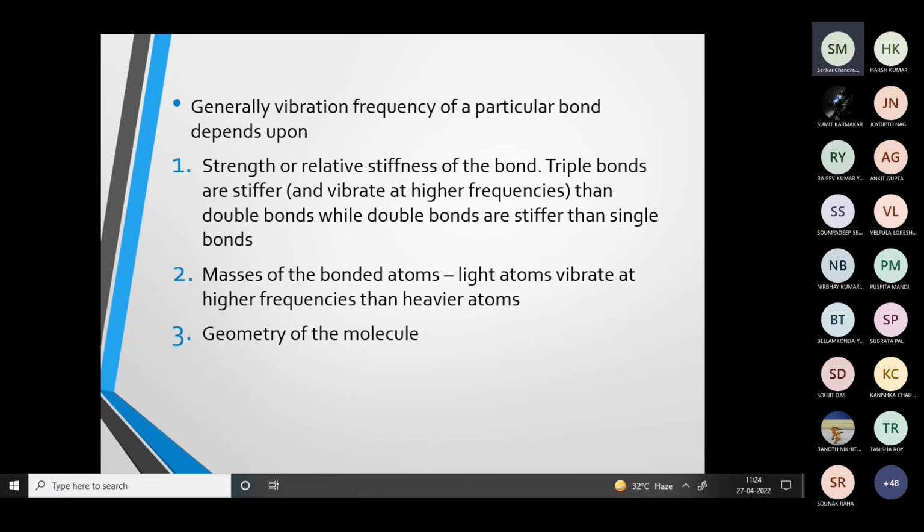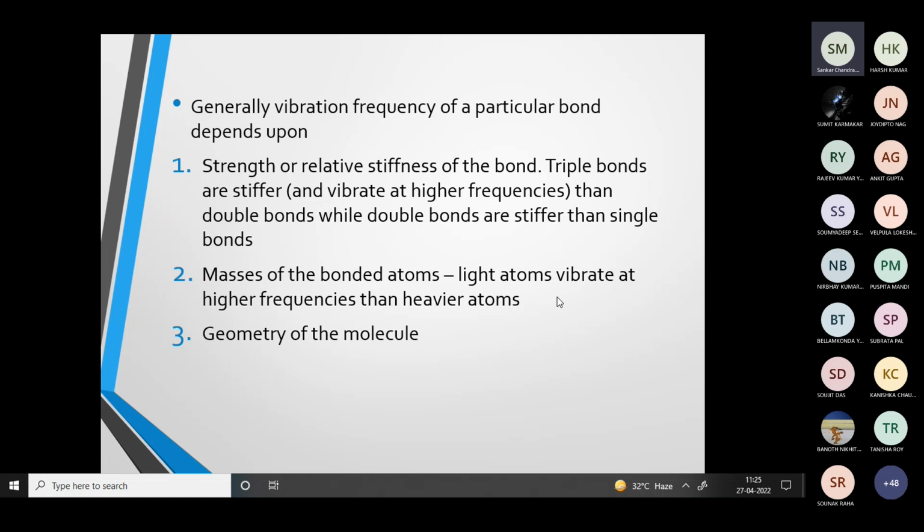Stiffness is directly related to the K value as per Hooke's law, which I will explain. Again, it is related to reduced mass. The atoms attached within the bond have a reduced mass that is inversely proportional to frequency. So light atoms vibrate at a higher frequency than heavier atoms.